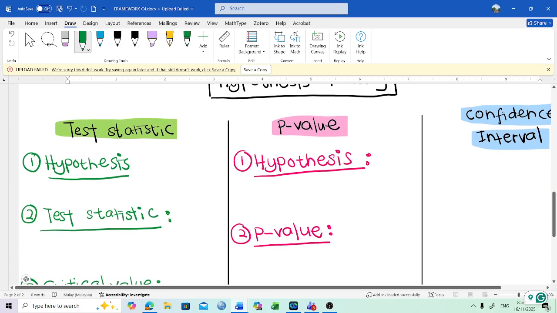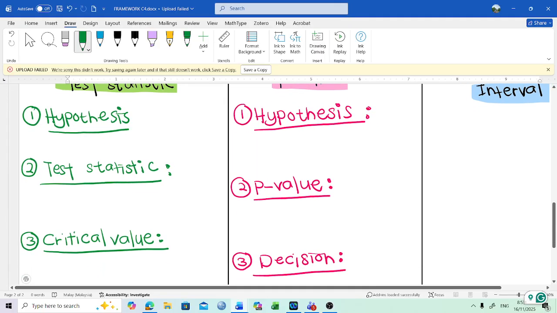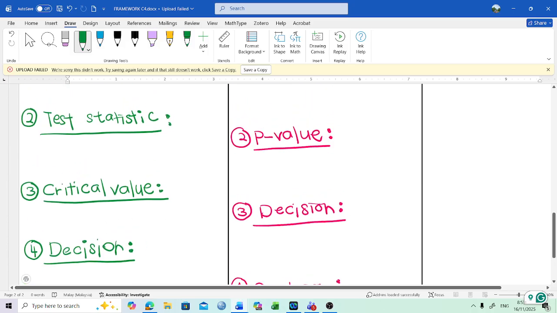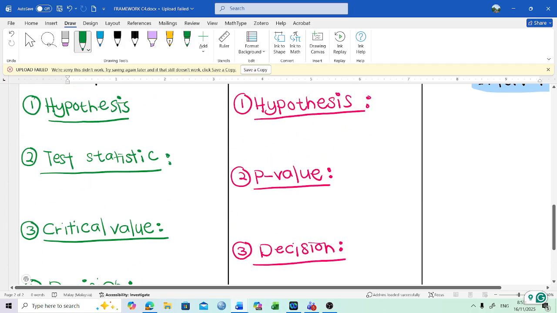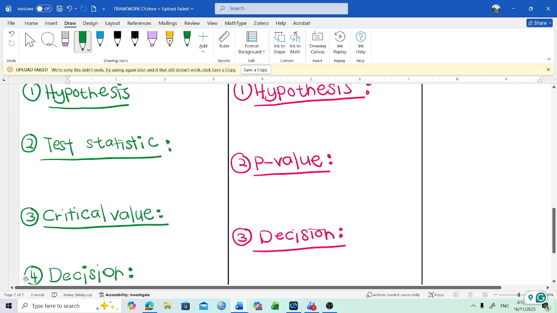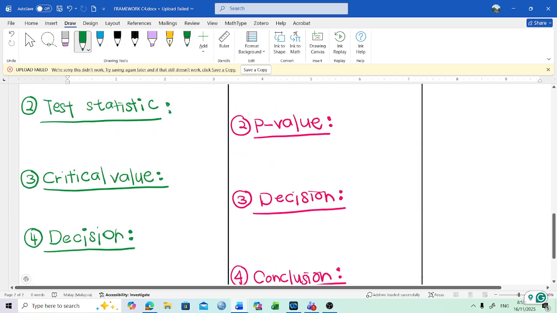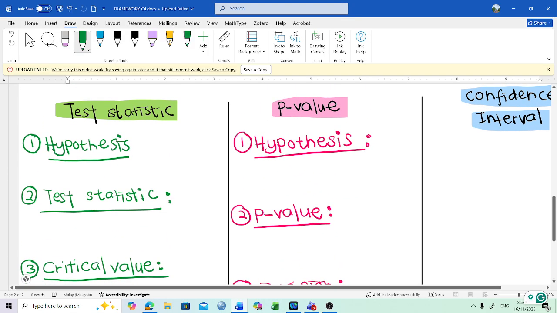I'll start with the test statistic approach first, method 1. For method 1, we have 5 steps. It starts with hypothesis, test statistic, critical value, decision, and the last one is conclusion. So the first step is stating the hypothesis.